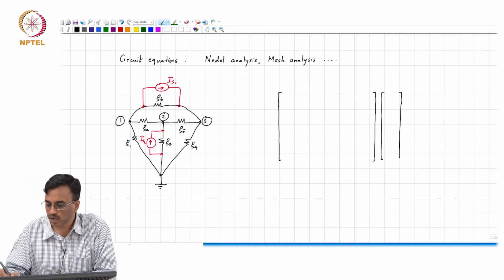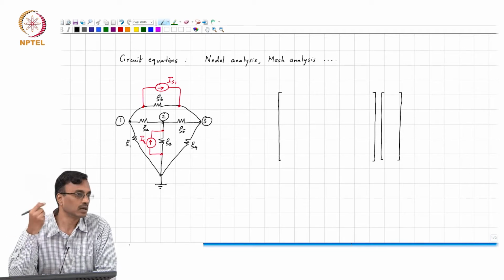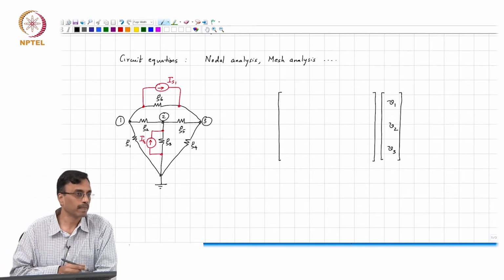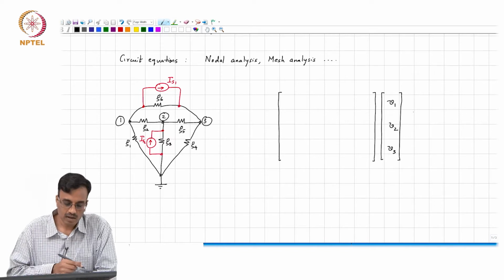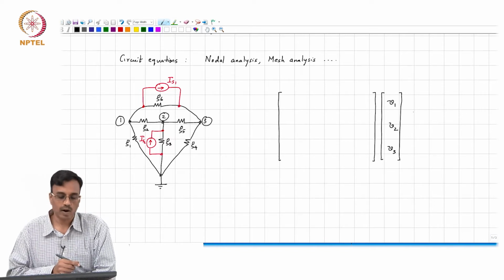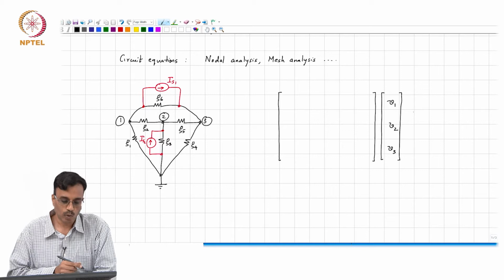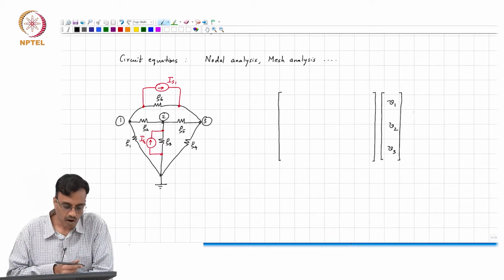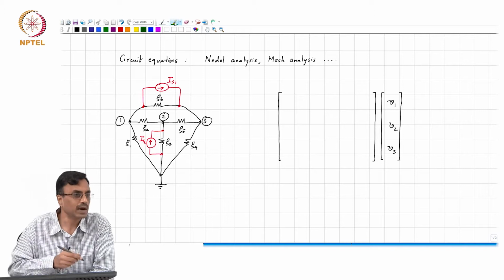What are the unknowns that we are trying to solve for? The node voltage vector, which is V1, V2 and V3, right.